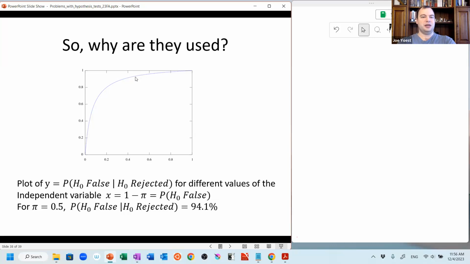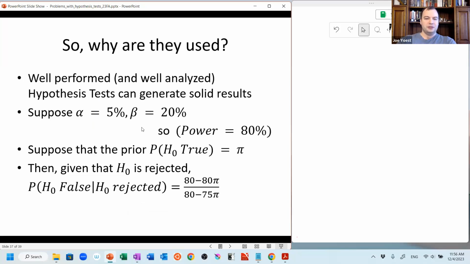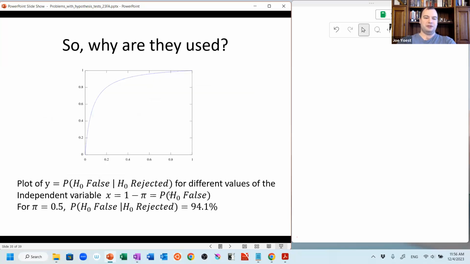Now the Bayesian would say that they are 95% confident, 94% confident that H naught is false. So here, the frequentist says that the p-value is less than 5%, and the Bayesian says that essentially the probability that H naught is true is about 5%. There's much more concordance between the two.